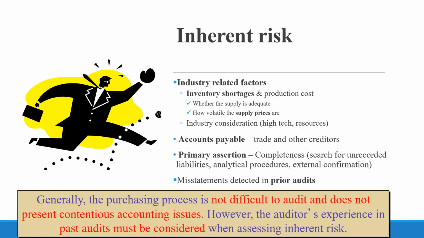In the purchase cycle, what are the fundamental inherent risks we should consider? For different industries, the industry-specific inherent risk will be very different. For example, in Australia, we have a lot of resource-related companies.